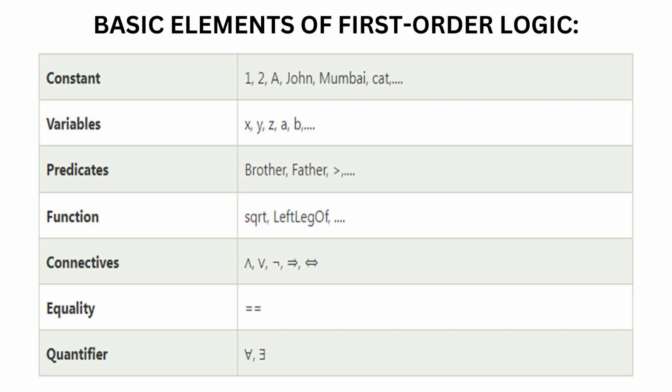Quantifiers like for all and there exists allow statements about groups of objects. First order logic also uses logical connectives like and, or, not and implies to create complex expressions for precise reasoning.